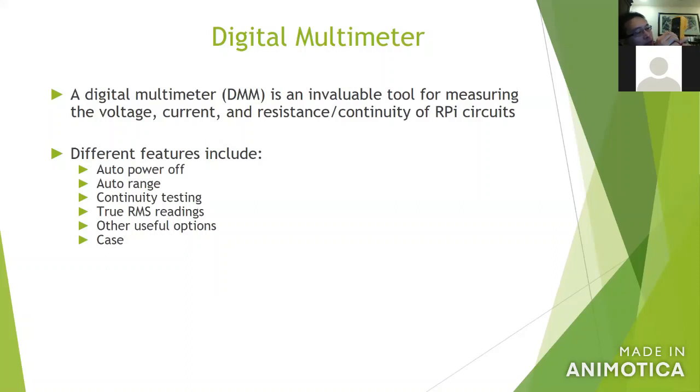For example, if you want to measure the voltage of a battery, I can show you. This is a battery, and you can use this multimeter to measure the battery's voltage.